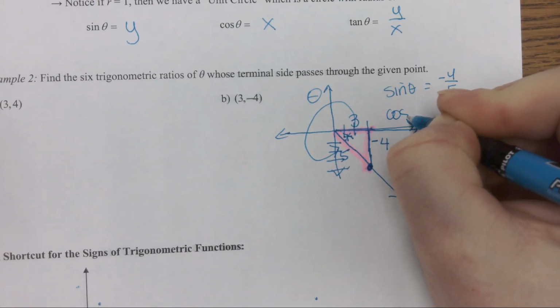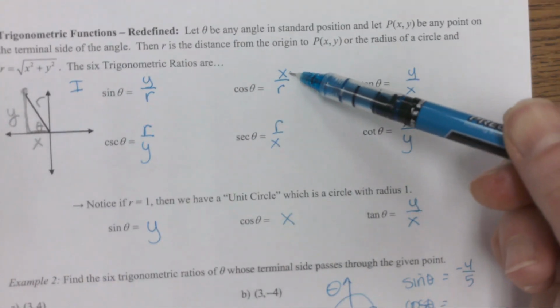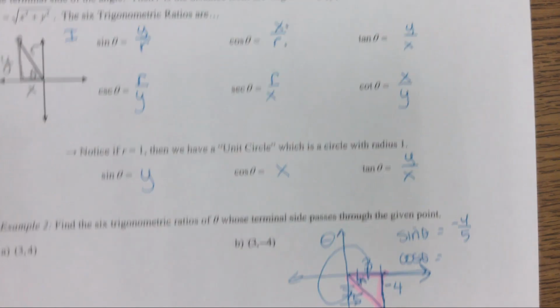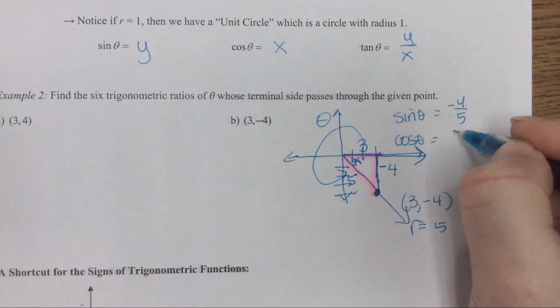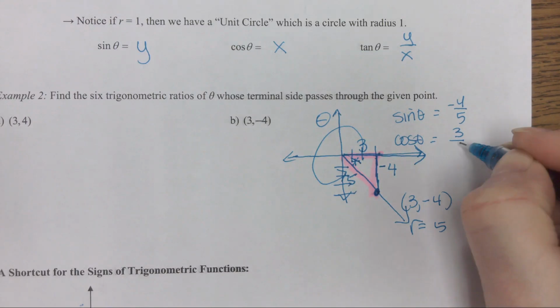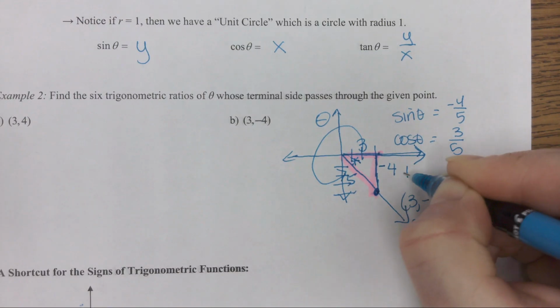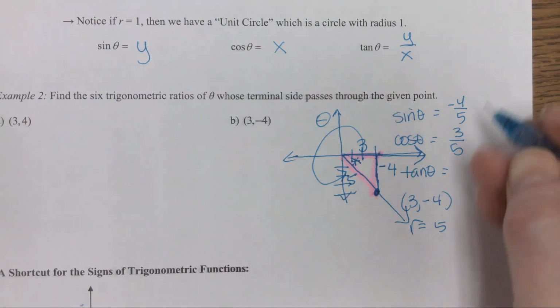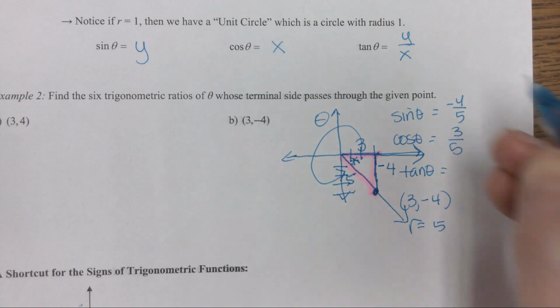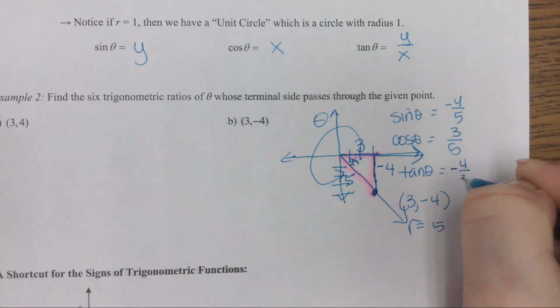Cosine is the x coordinate, or the adjacent, over hypotenuse. What's that? 3 over 5. Tangent. Careful. Yep, -4 over 3.